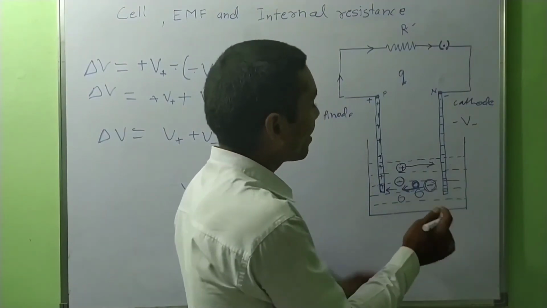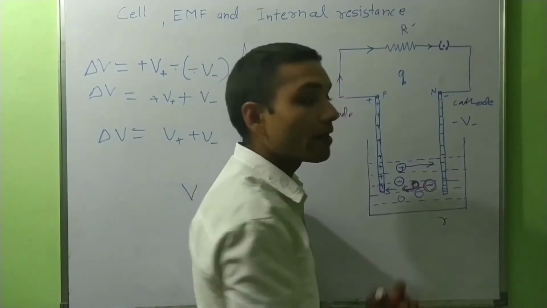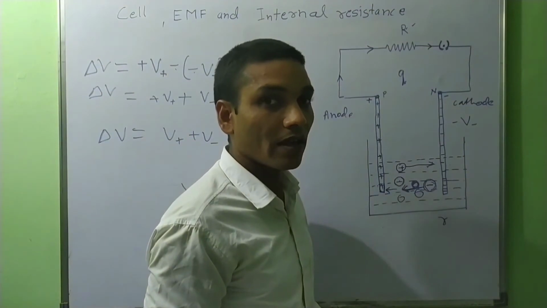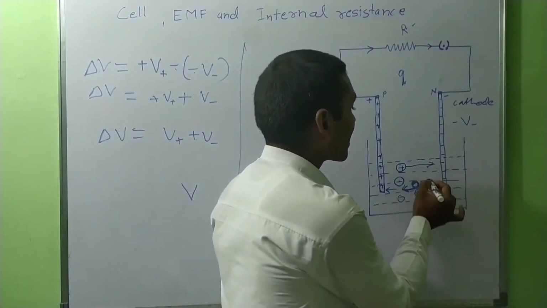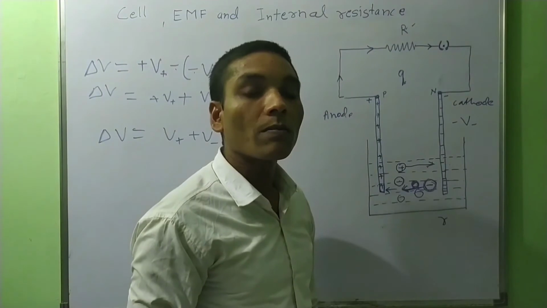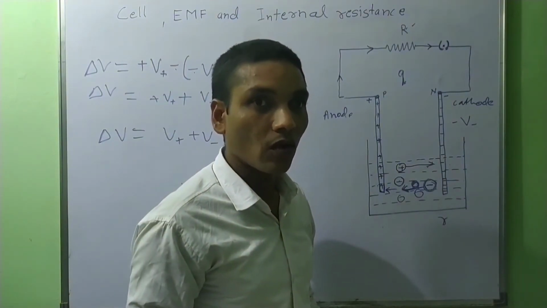So this cation will collide with the other ions, and the velocity of this cation will not be increased.